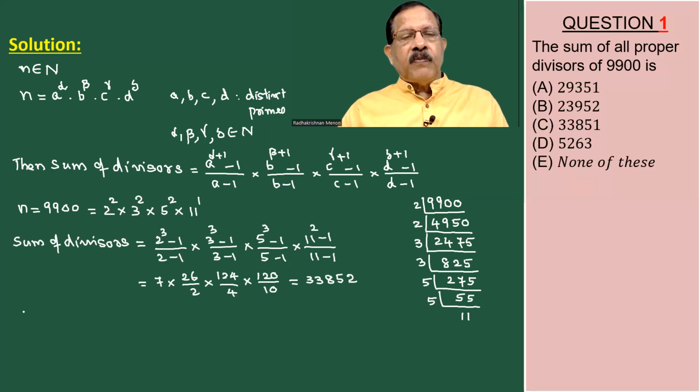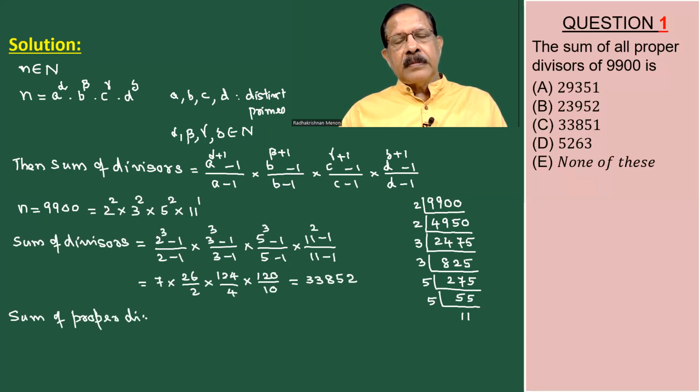Okay, sum of proper divisors. What are proper divisors of a natural number?